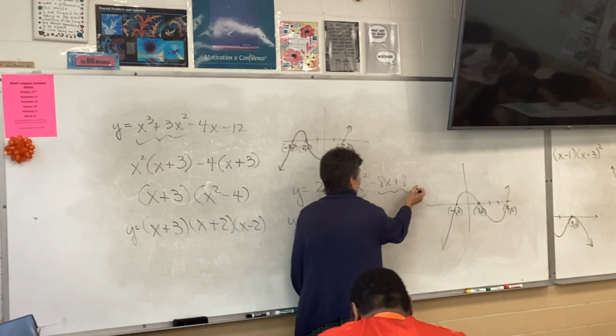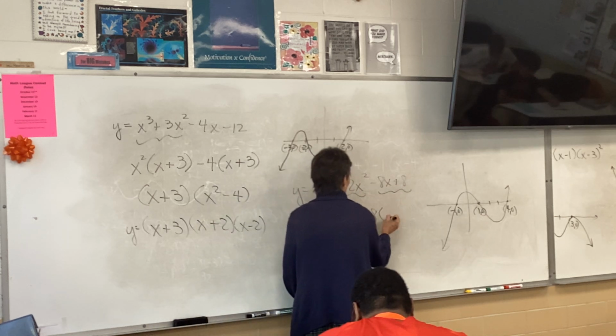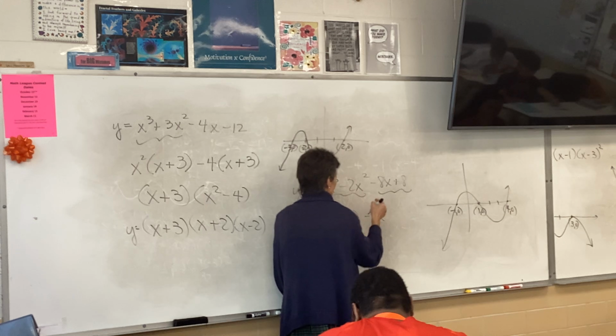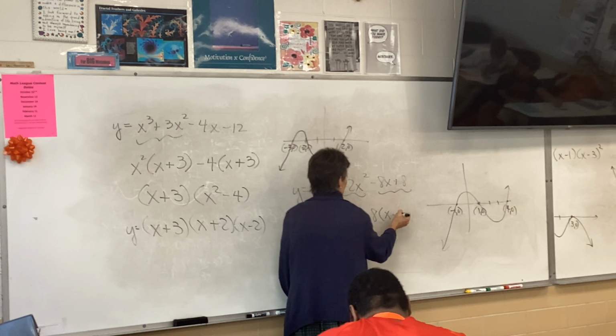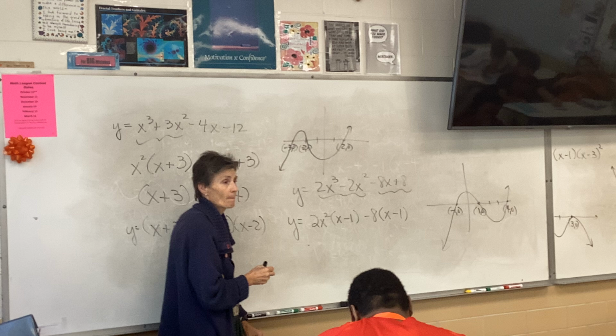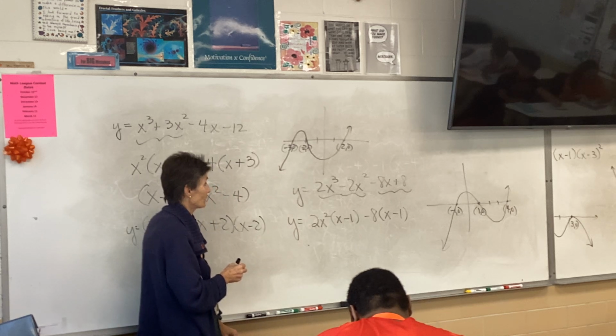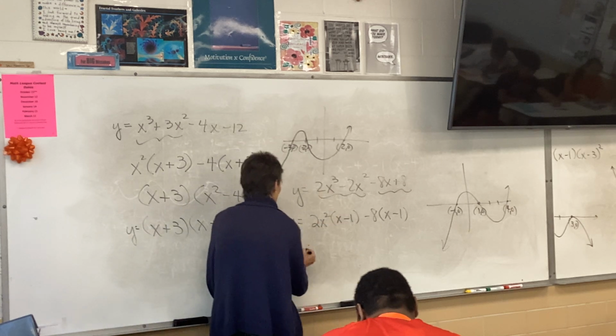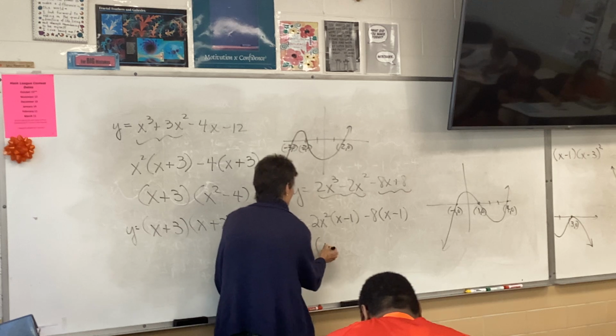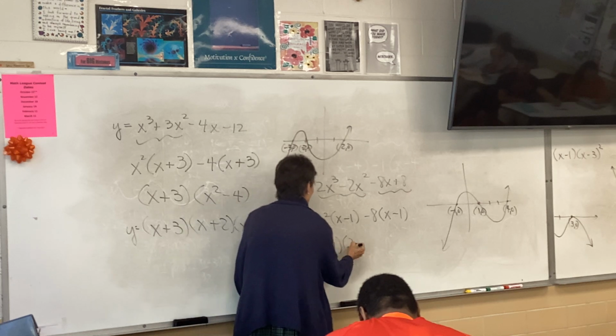How about here? Negative 8. Now remember, you took out a -8. So that's going to be a positive x and a -1. So there's our common factor. And here's our leftover.